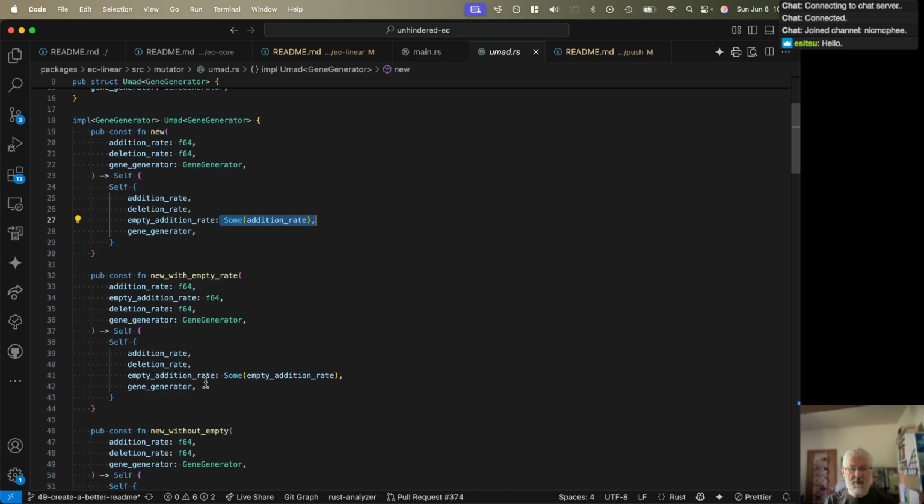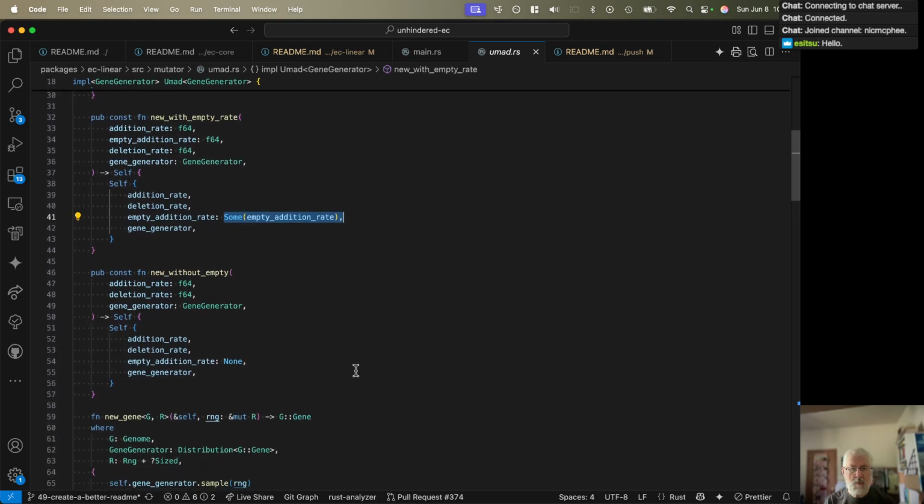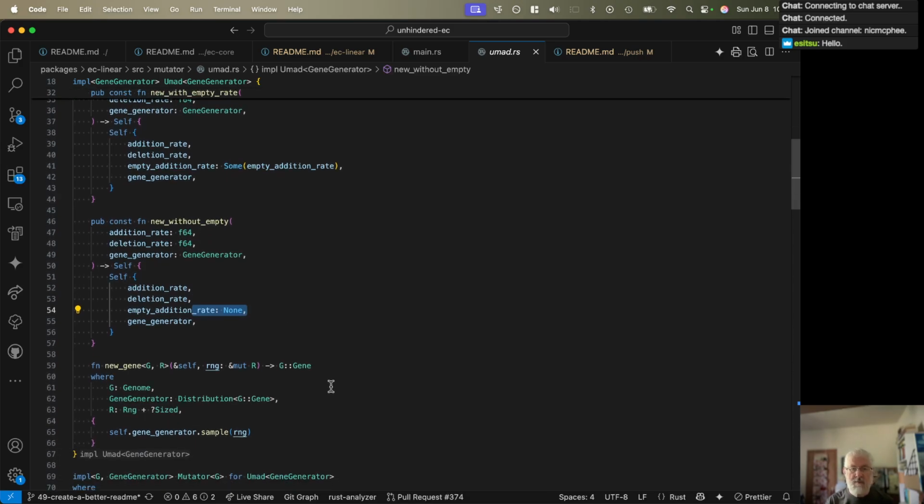If we specify a specific empty addition rate, we put that in. If we call new without empty, we just don't have an empty addition rate. We set that to none. None of these use the default deletion equals addition over 1 plus addition. And we really probably ought to have that.